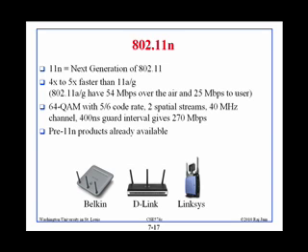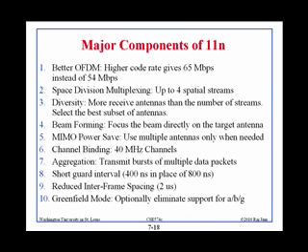Now, is that a 2 or is that a 4? See, the thing is, this is not the limit. This is saying that you can get 270 megabits with this set of parameters. And it allows up to 4 spatial streams. And remember, with 4 spatial streams, you just don't get twice as much as with 2 spatial streams.